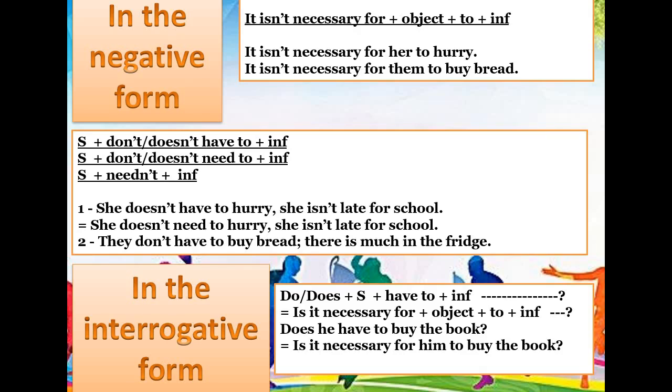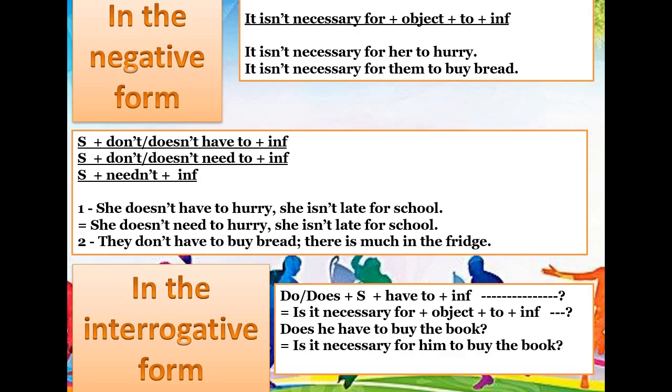So, as in the example, it isn't necessary for her to hurry, which means that she is not late. It isn't necessary for them to buy bread, which suggests that they have bread already.